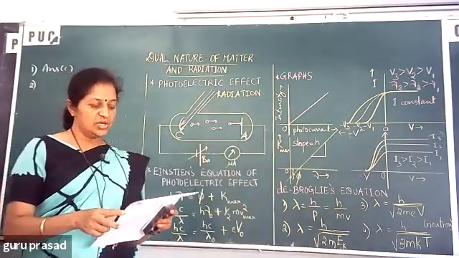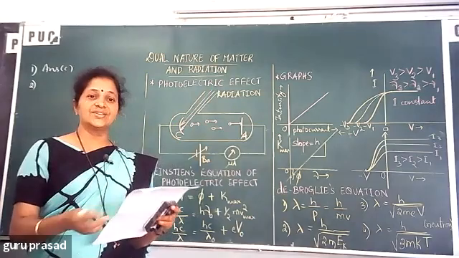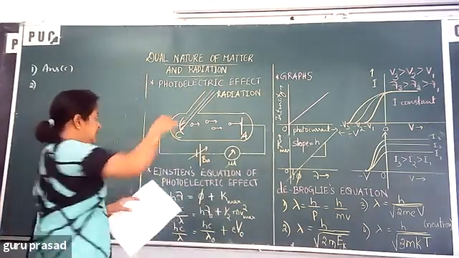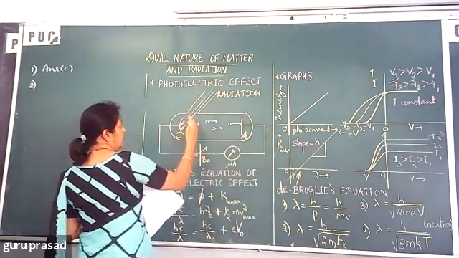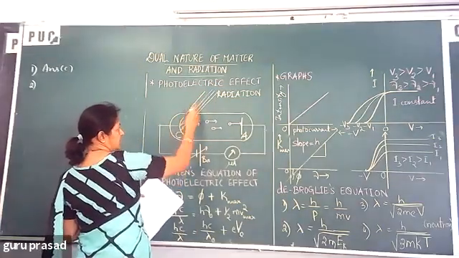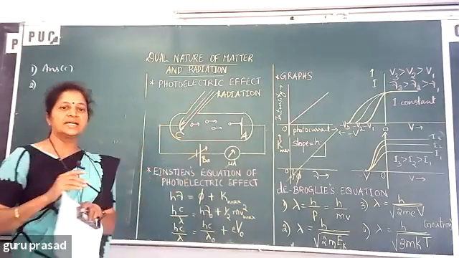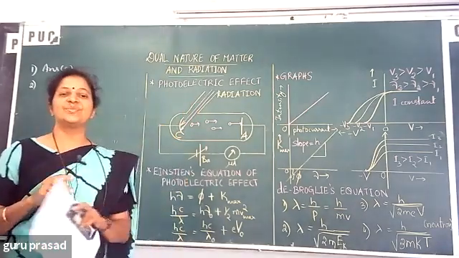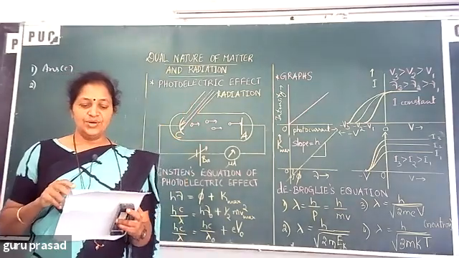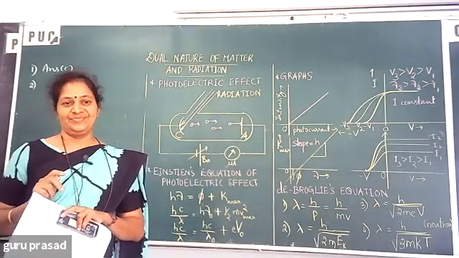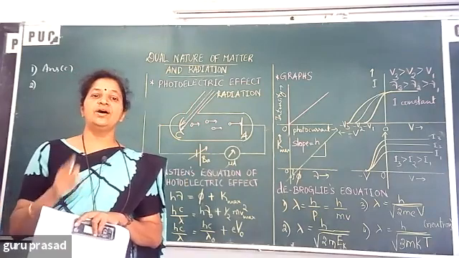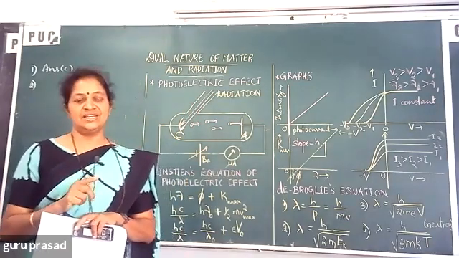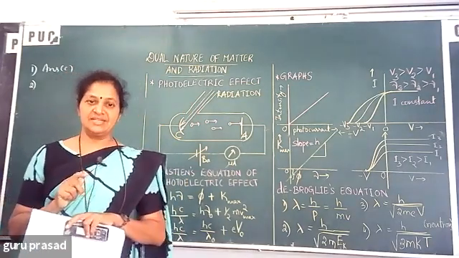If the source of light is placed at a distance of 50 centimeter, initially it was at a larger distance, 1 meter, now it is kept at 50 centimeter, they are asking what happens to the potential. See, the cutoff potential or stopping potential depends only on the energy or frequency of the incident radiation.